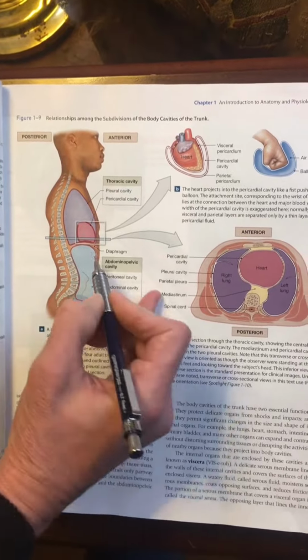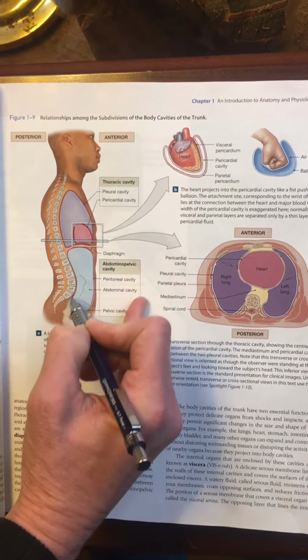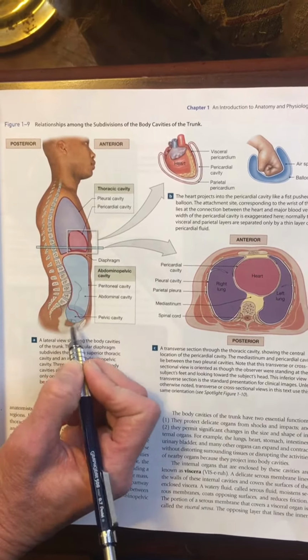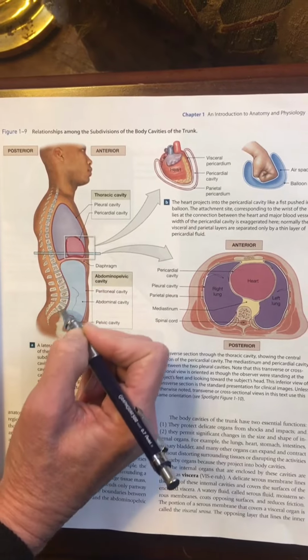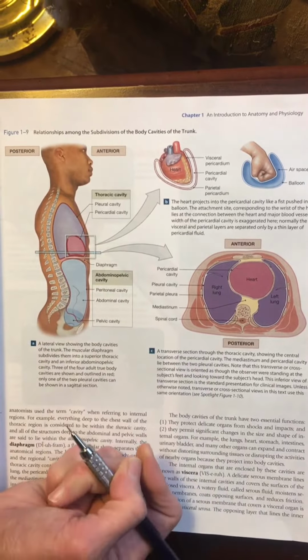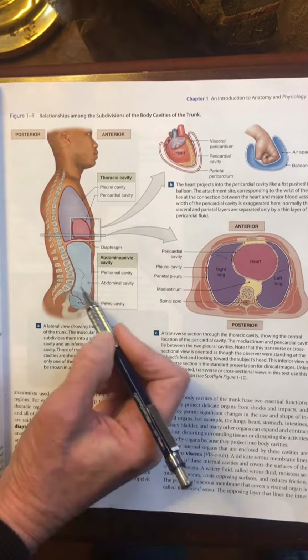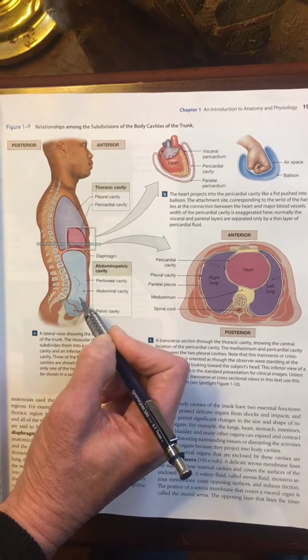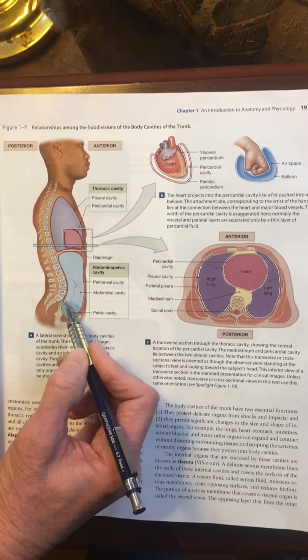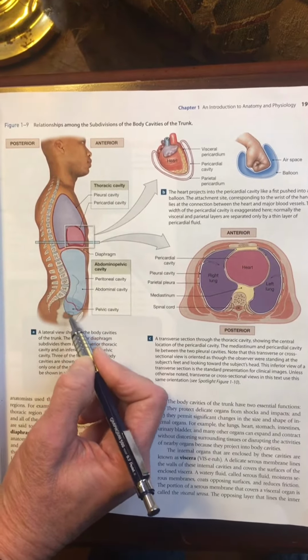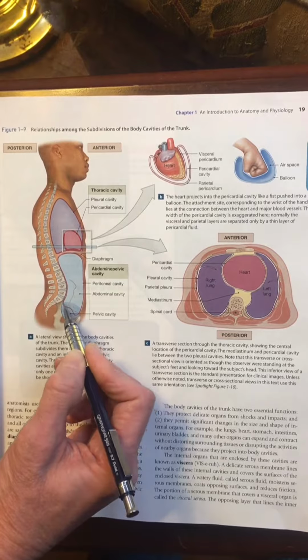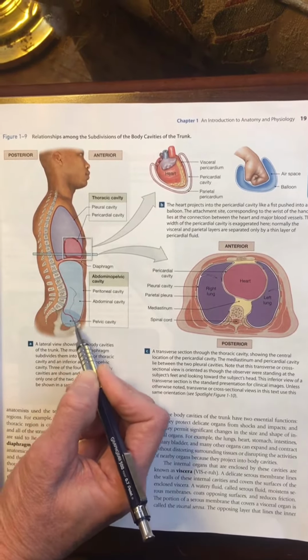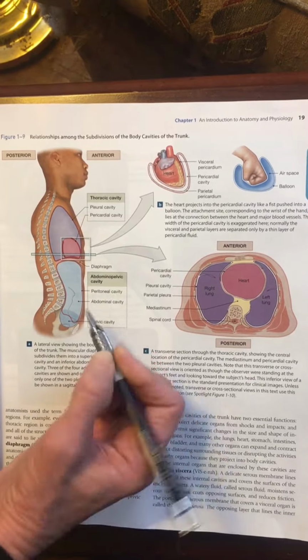Now, typically, this whole area below the diaphragm that's bounded by the bones of the pelvis is called the abdominopelvic cavity. You can further subdivide this into the abdominal cavity, which is this light blue area up here, and the pelvic cavity, which is delineated by this darker blue area here, and this is just the area that's bounded within the pelvic bones.